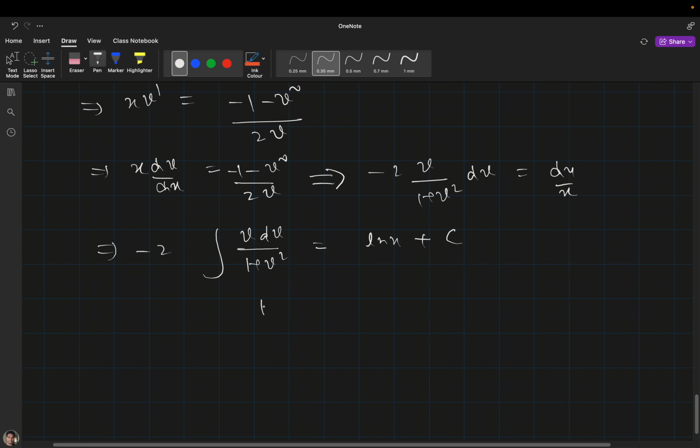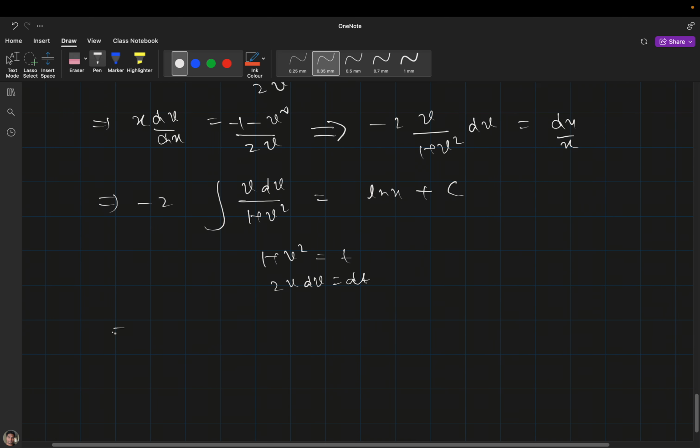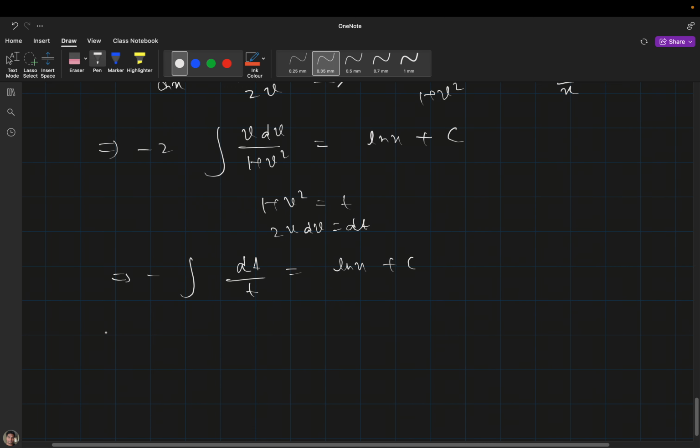Now substitute 1 plus v square equal to t, then you will get 2v dv equal to dt. At the place of 2v dv you can write dt divided by t equal to ln x plus c. Again it will become ln t equal to ln x plus c.